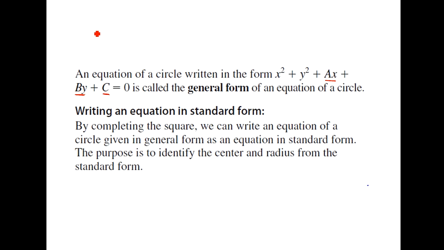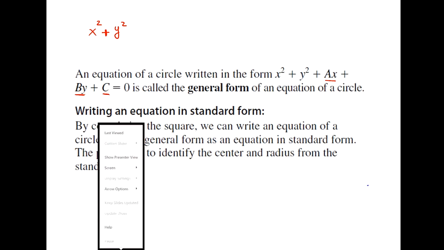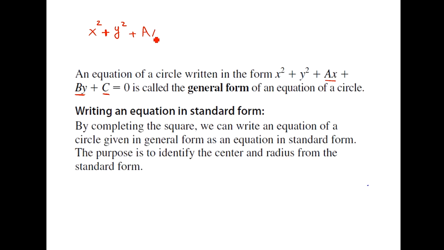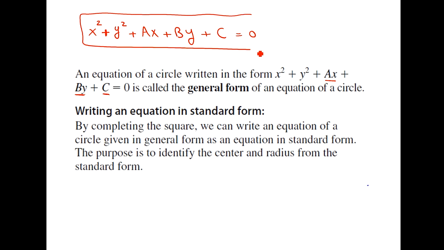The x square and y square must have the same number, the same sign, نفس الإشارة نفس الكوفيشنت للإكس سكوير وواي سكوير, plus ax plus by plus c equals 0. This is the general form.